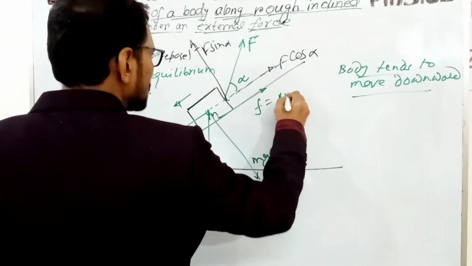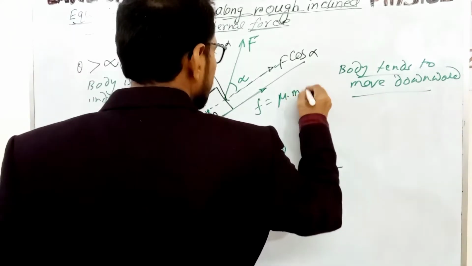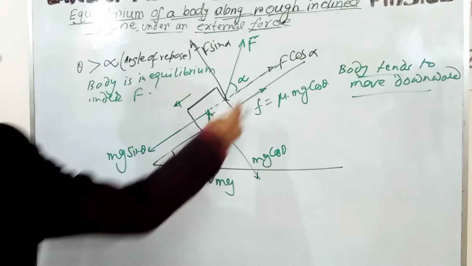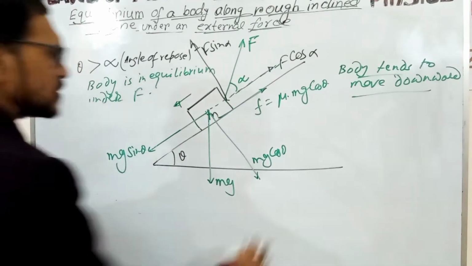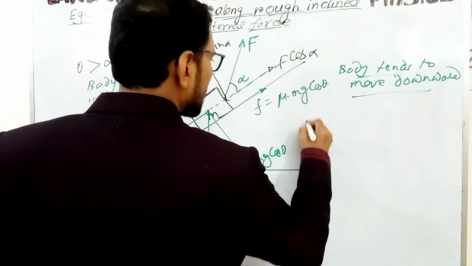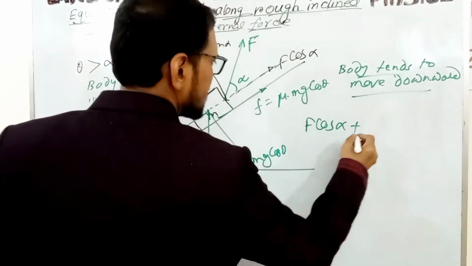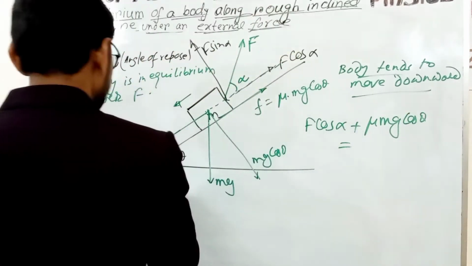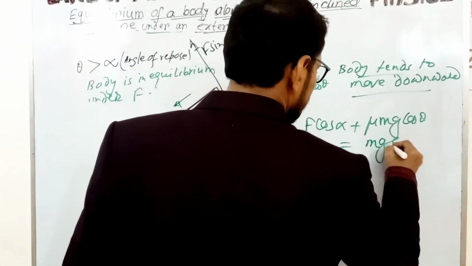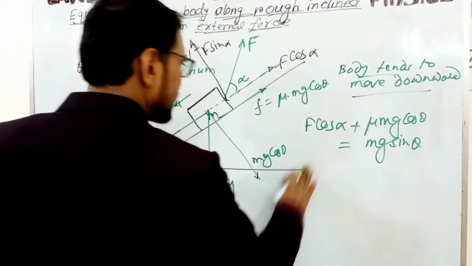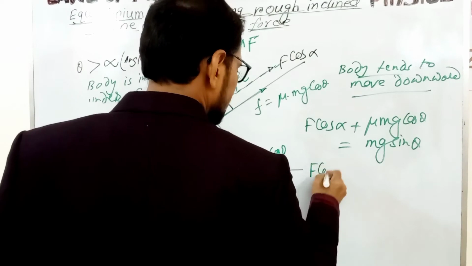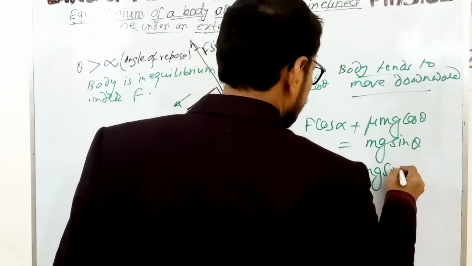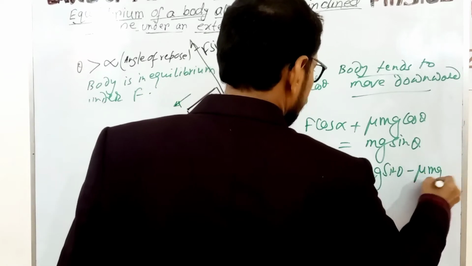Friction force equals mu mg cos theta. Now this force plus this force balance this force, so we can write F cos alpha plus mu mg cos theta balances mg sin theta. So F equals mg sin theta minus mu mg cos theta.